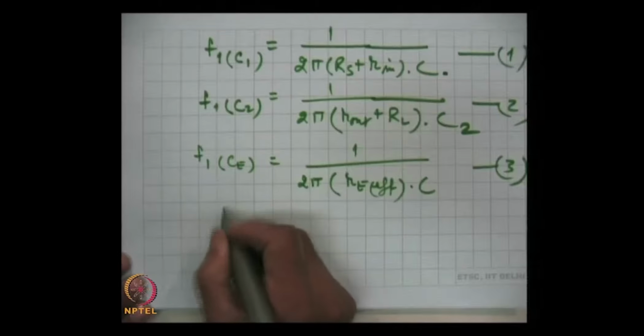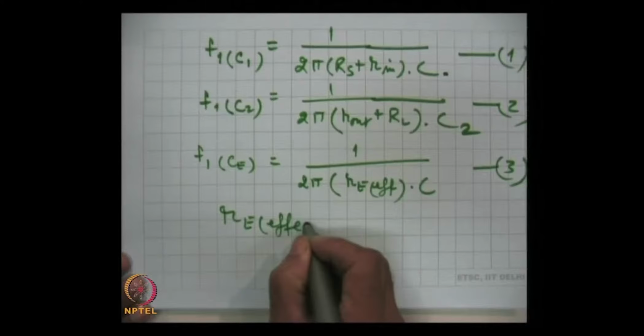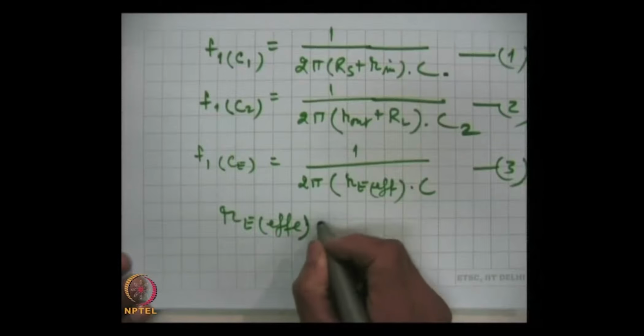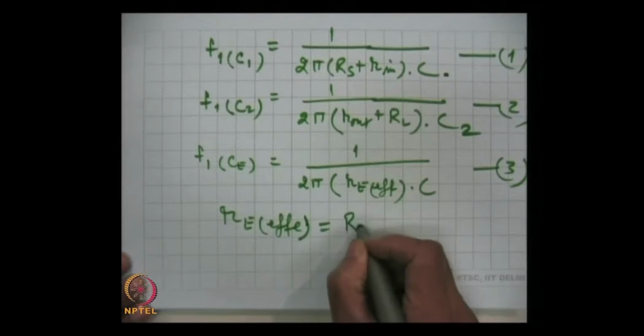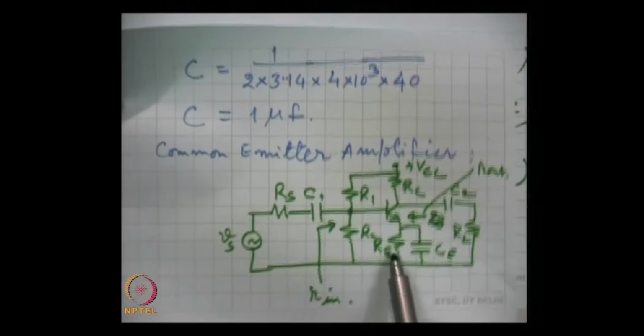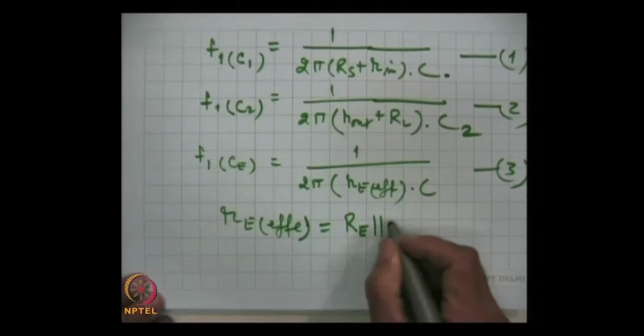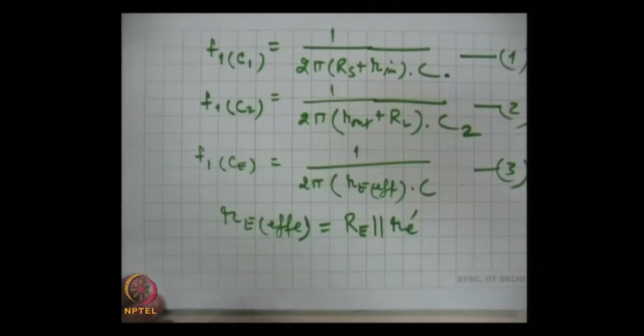Here R e effective is equal to the resistance which we are using with the emitter lead in parallel with R e prime, that dynamic resistance of the emitter. So, this effective will be equal to this.